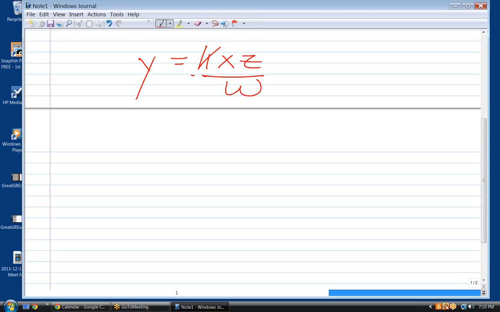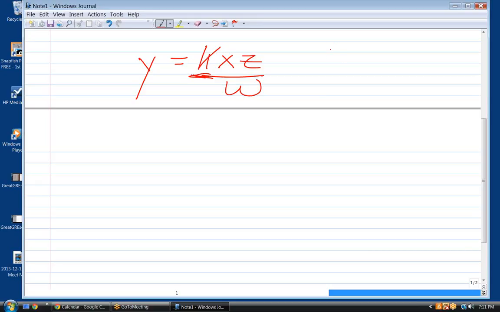And inversely proportional to w, that means it goes in the denominator. And sometimes it's like inversely proportional to the square of w. So it doesn't always have to be linear. Gravity, the force of gravity is inversely proportional to the square of the distance between the two objects. So again, they're going to give us probably a y, an x, a z, and a w, and we're to calculate k.